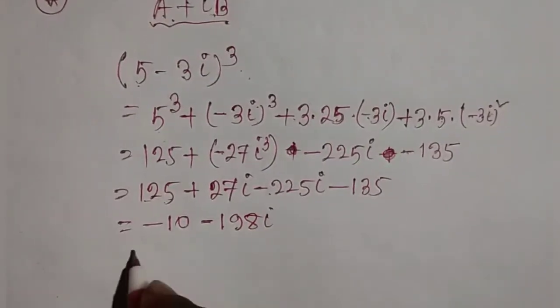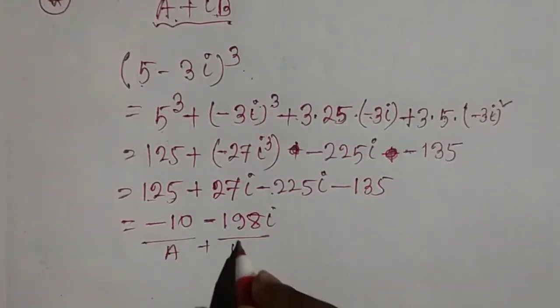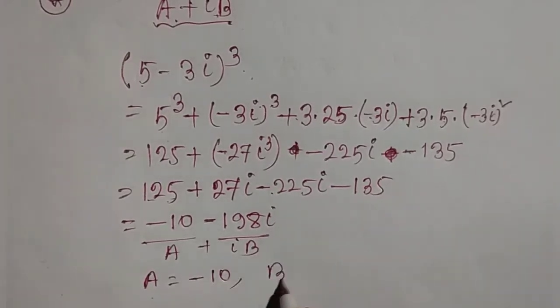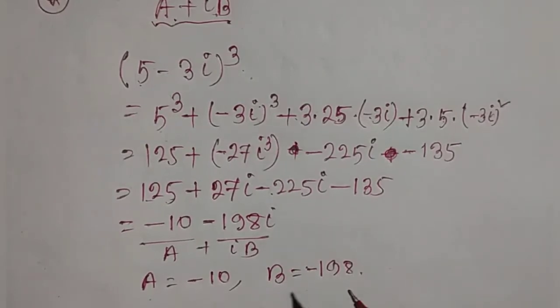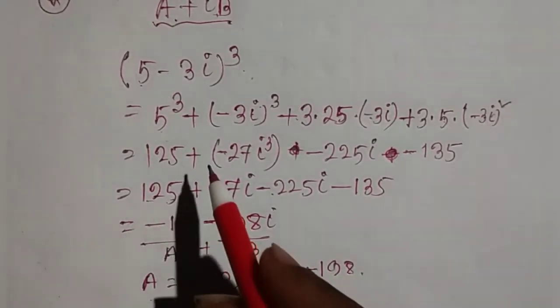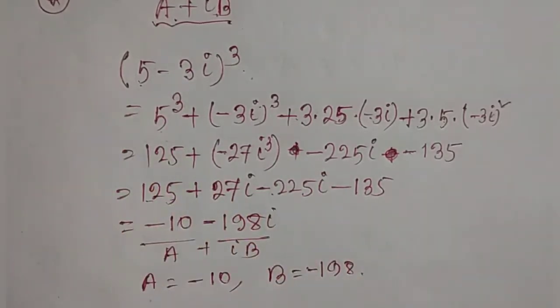So this is the form of a plus ib, where a is equal to minus 10 and b is equal to minus 198. Understood everyone? Now you can solve all the problems expressed as a complex number in the standard form a plus ib.